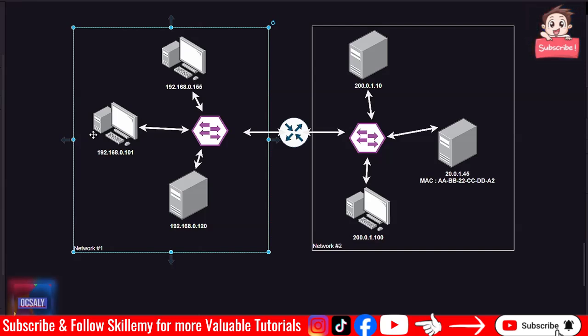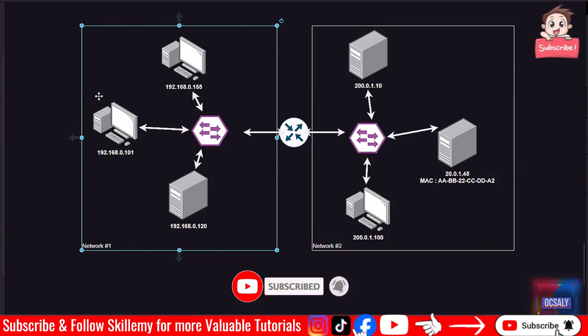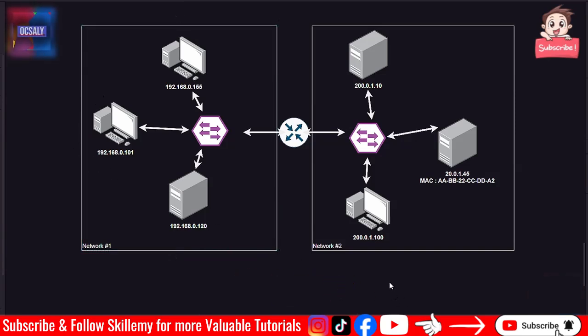And then the operating system uses ARP, address resolution protocol, to look up the router's MAC address at this 192.168.0.101. And the original IP packet is encapsulated within the Ethernet frame with the MAC address.